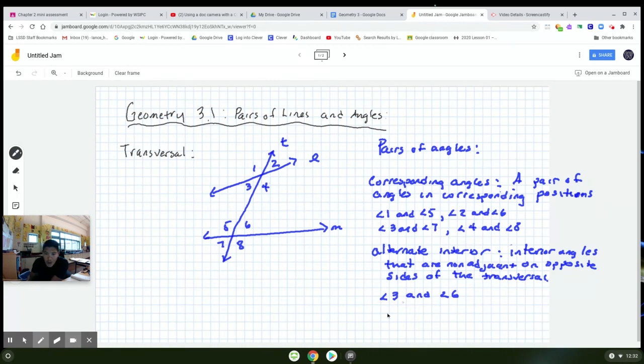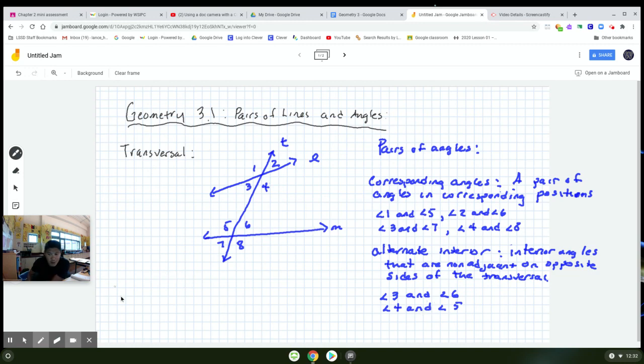And there's one more pair of alternate interior angles in the diagram. The other pair of alternate interior angles in the diagram are angles 4 and angle 5. Those are on opposite sides of the transversal. They're interior angles, and then they're non-adjacent angles as well.